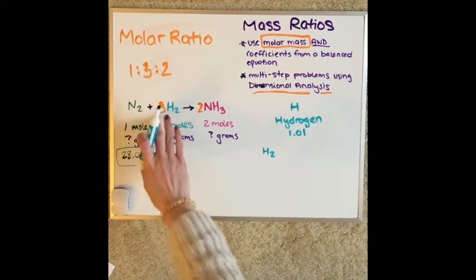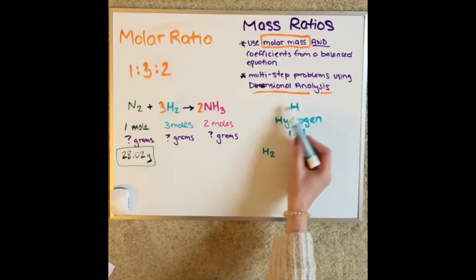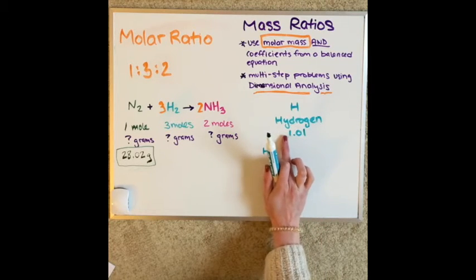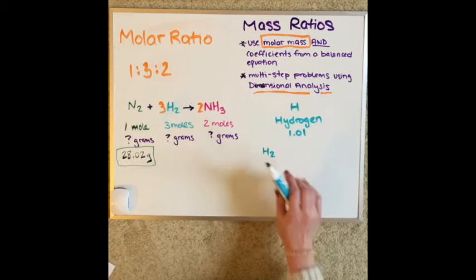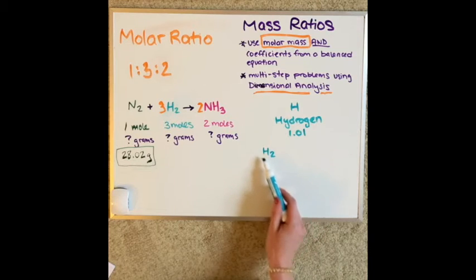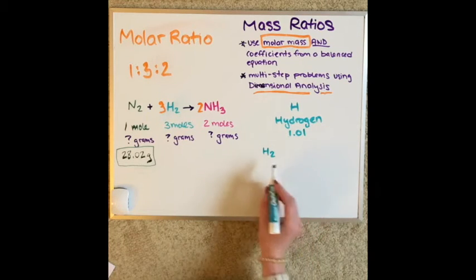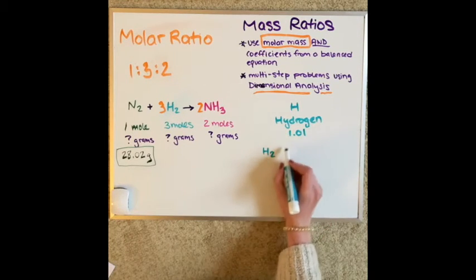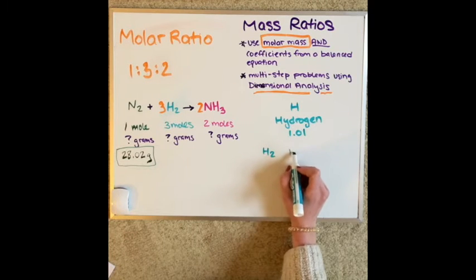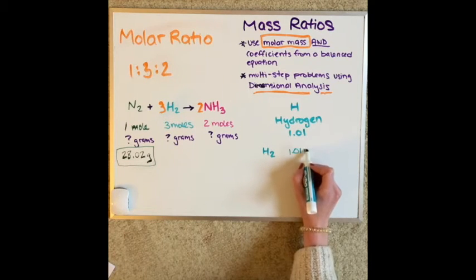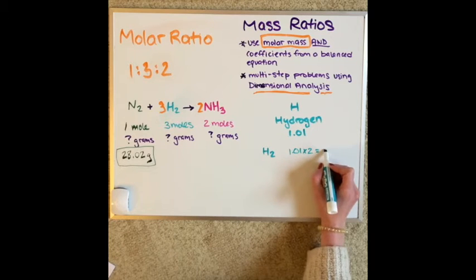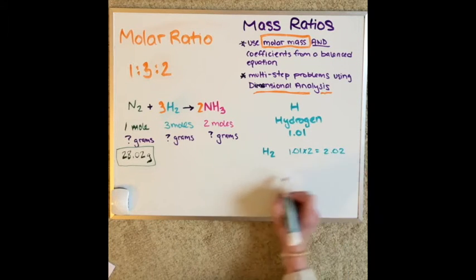Okay, really quick, let's look at H2. So if you have hydrogen on the periodic table, it has an atomic mass of 1.01. We want to know though what the mass is for our molecule H2. We have 2 atoms of hydrogen, so we're going to take that mass and multiply by 2 to get 2.02.